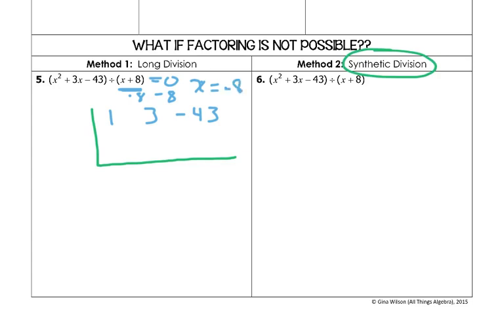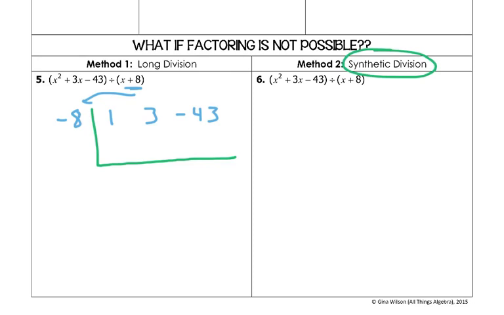So to figure out what number goes on the outside, look at the binomial. Here we have x plus 8, so what's the opposite of 8? It would be negative 8. We take the positive 8 and make it a negative 8, because when x plus 8 equals 0, x is equal to negative 8, so this is one of our zeros.